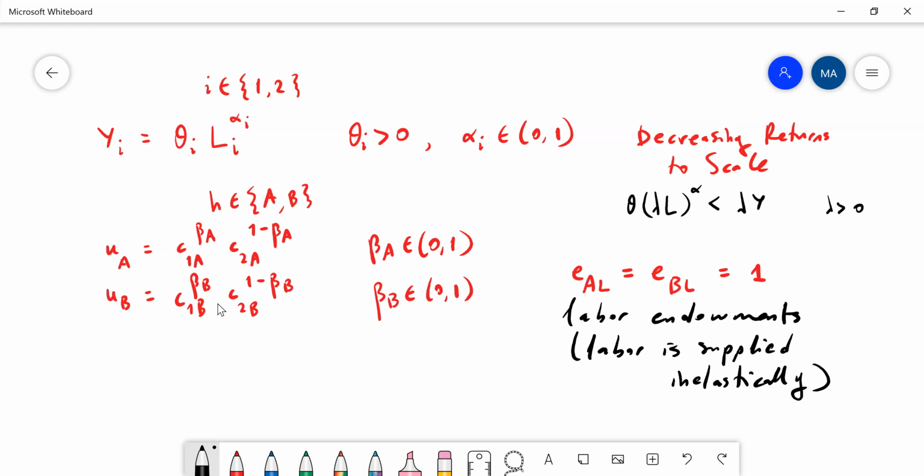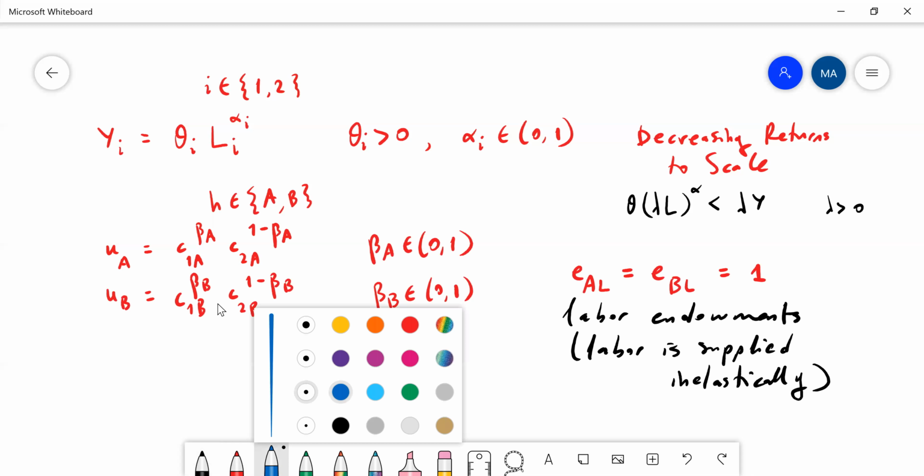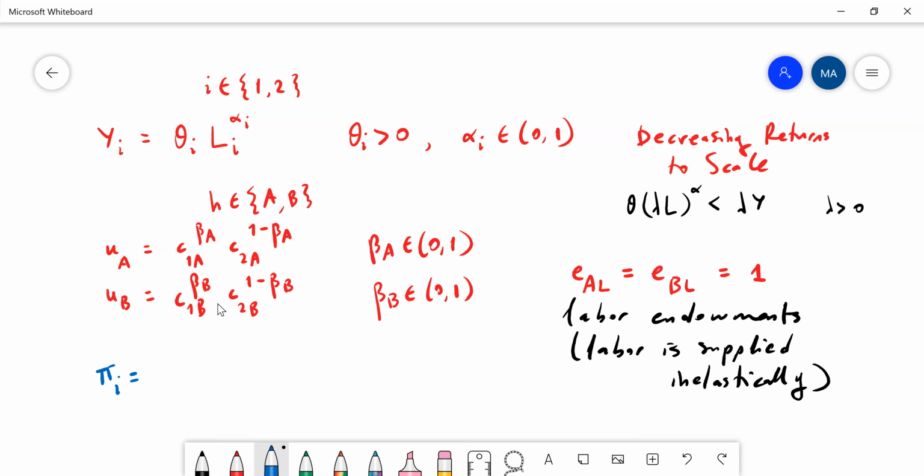So profit. Let's write profit. The profit function of firm i is written in this way. There is p_i, then there is theta_i, L_i to the alpha_i, and there is wage, and there is labor. You see? So p_i is the price of good i, and w is the price of labor, because this is just a one factor economy. So incomes now will be a little bit different.